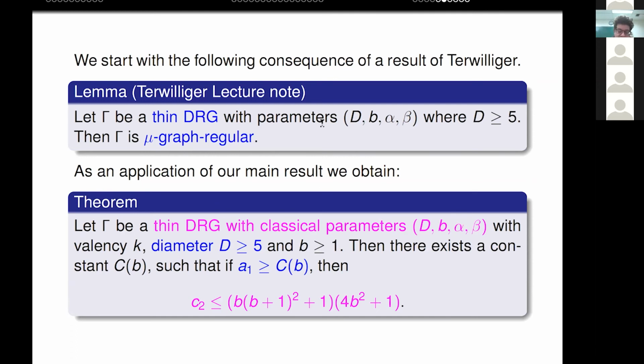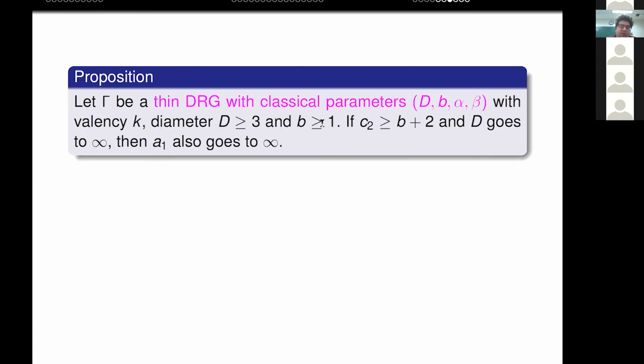But what has this to do with Bannai's problem? It's as follows. If we have a thin distance regular graph with classical parameters, with diameter d at least 3 and b at least 1, if c2 is at least b plus 1 and d goes to infinity, then a1 also goes to infinity.